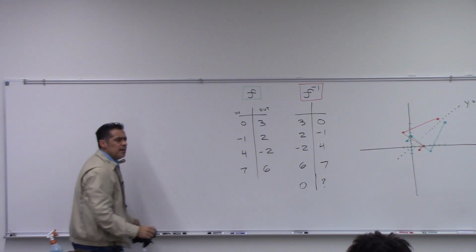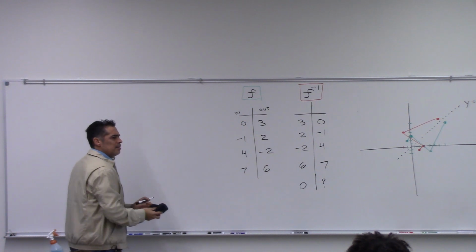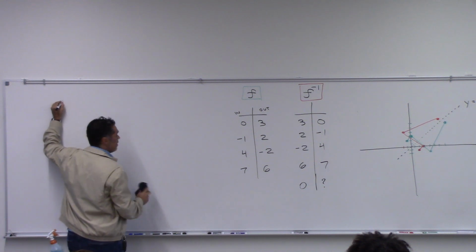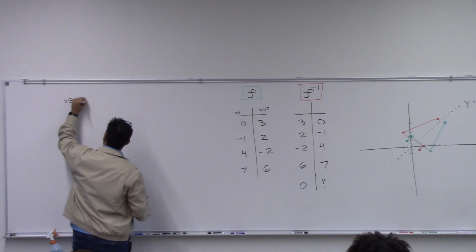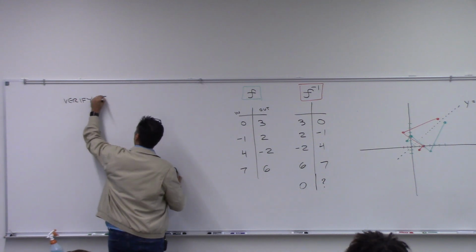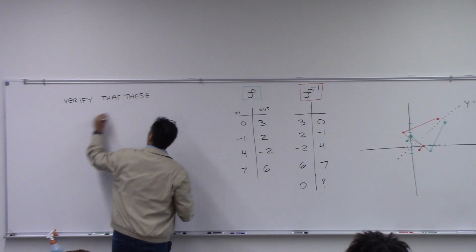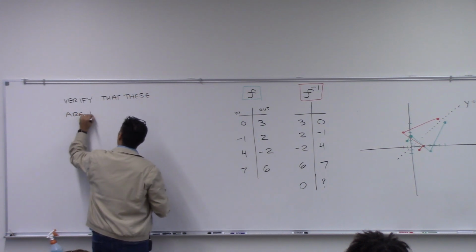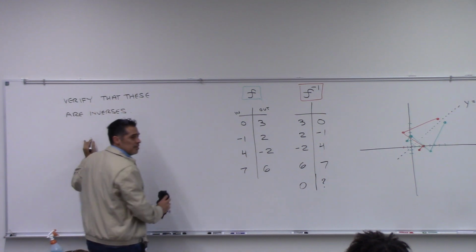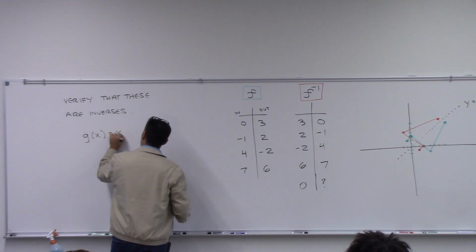So let's do an example here. I'm going to verify, this is example 4 here, that these are inverses. All right, the first function they give us is g of x is x cubed.